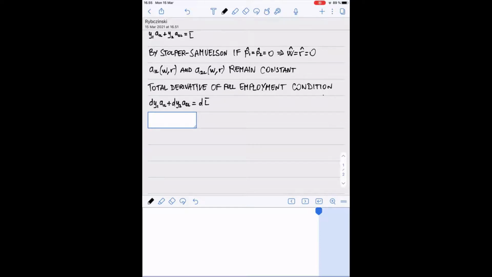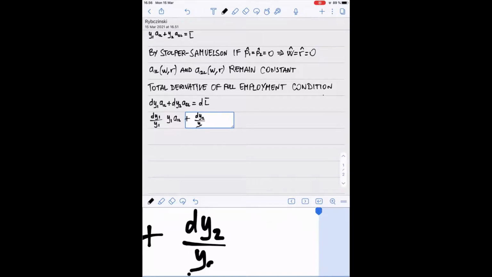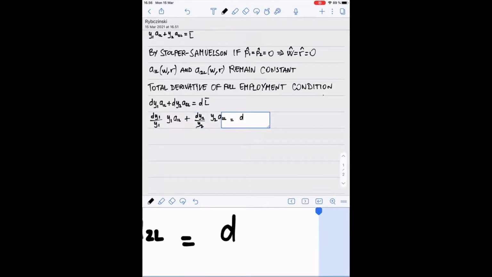So we start by writing dy1 divided by y1 times y1 a1L plus dy2 divided by y2 times y2 a2L is actually equal to dL bar.